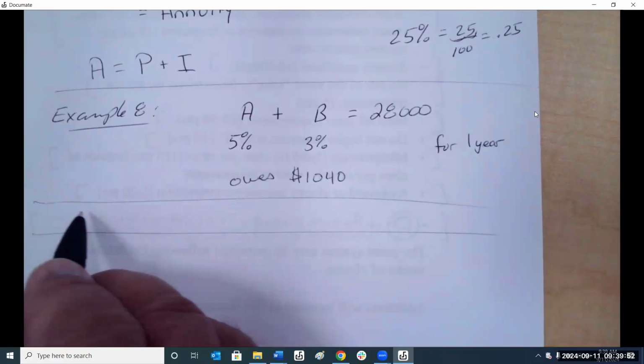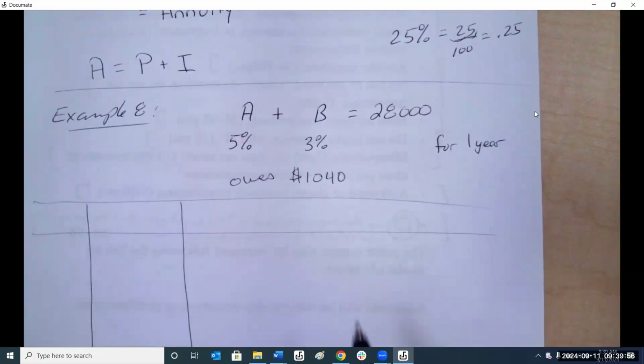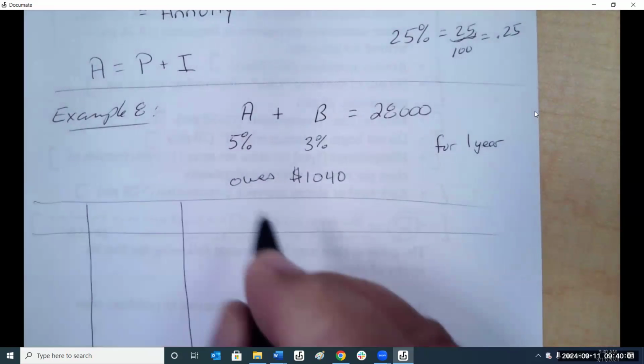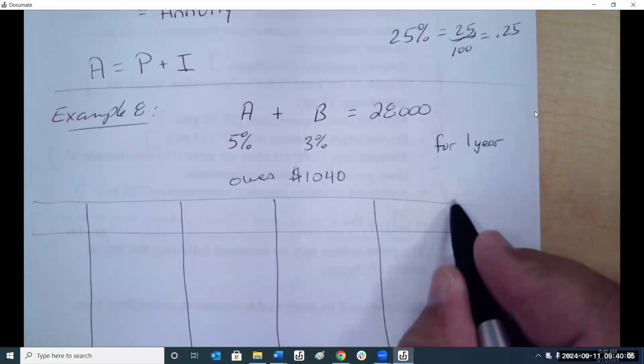So let's look at our table here. We have simple interest, so we're gonna have, let's look at these, PRT.